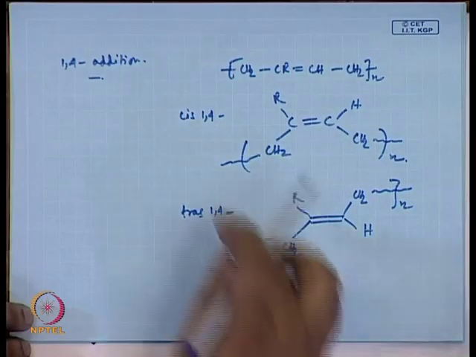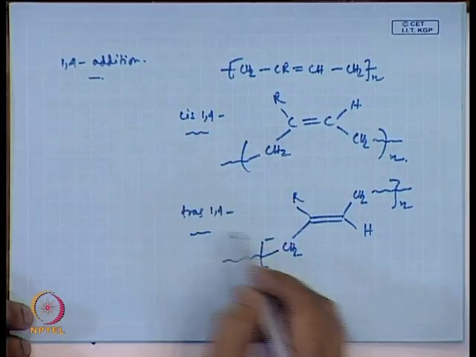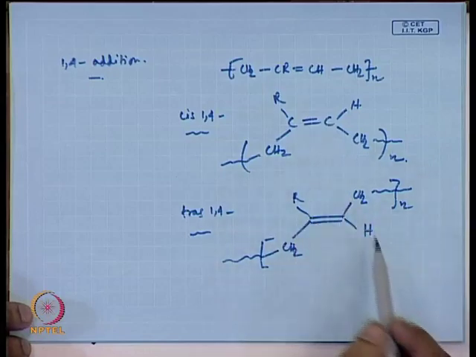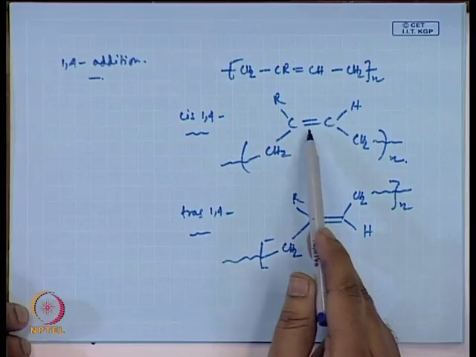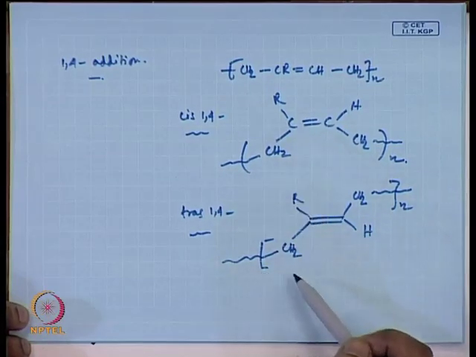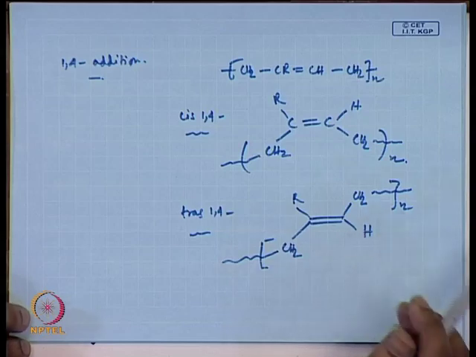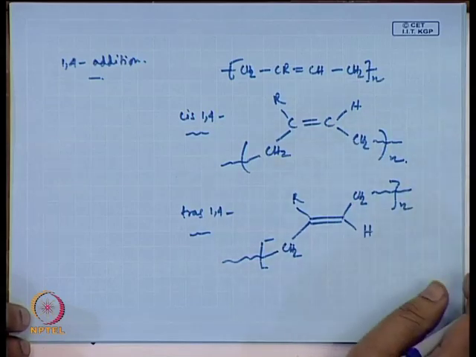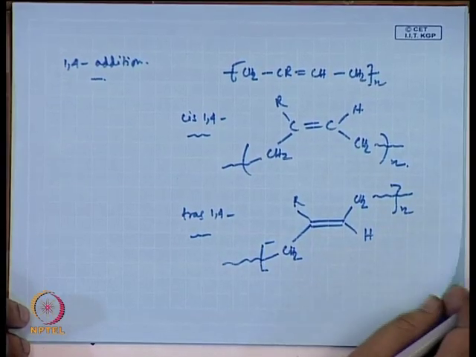Now, what is the difference between these two? This is a cis arrangement of the repeat units, whereas this is a trans arrangement of the repeat unit. Now, if you extend this polymer chain, you can write a cis structure like this.